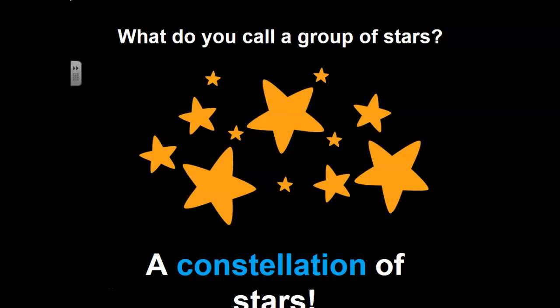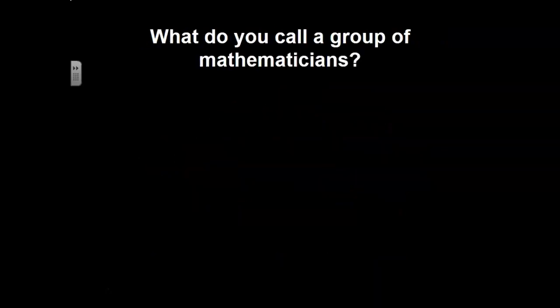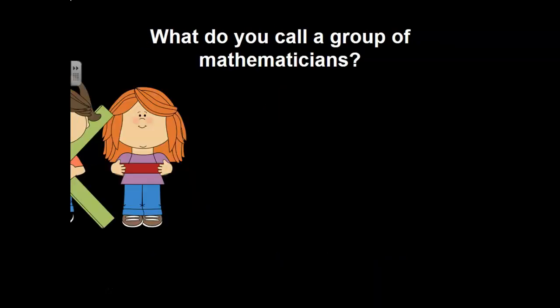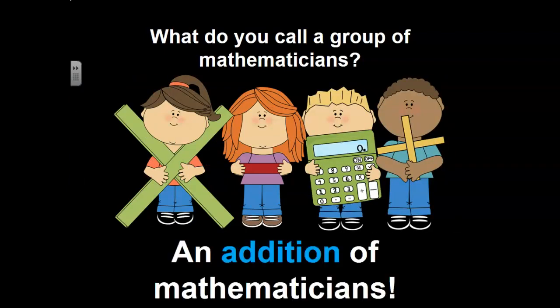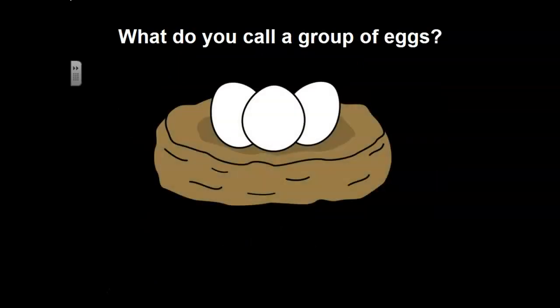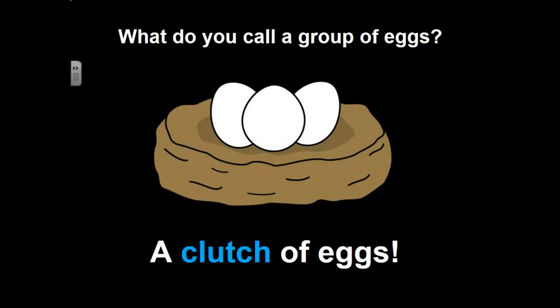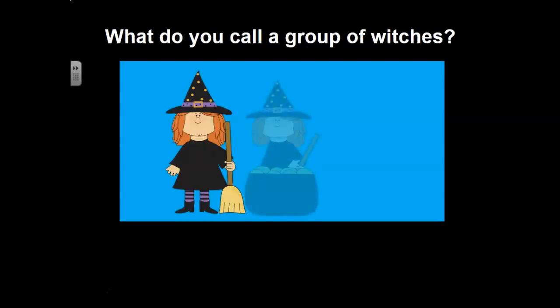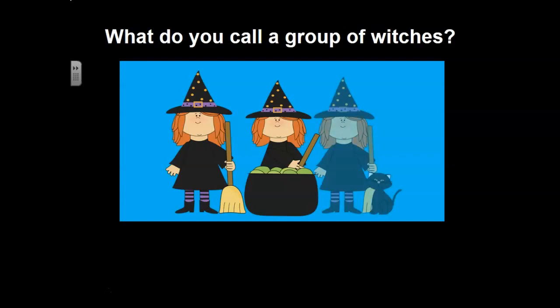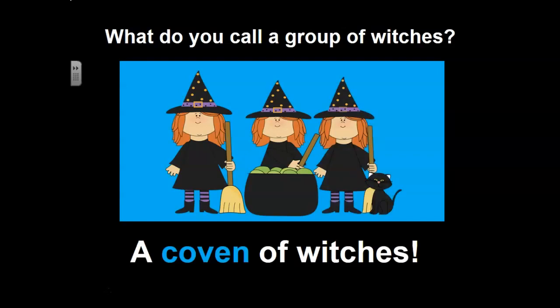A constellation of stars. What do you call a group of mathematicians? An addition of mathematicians. What do you call a group of eggs? A clutch of eggs. What do you call a group of witches? A coven of witches.